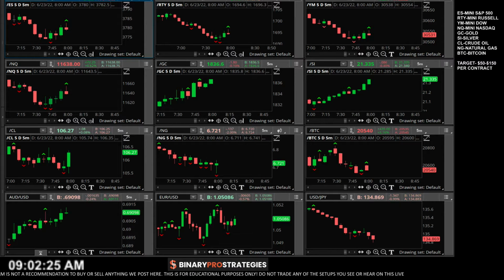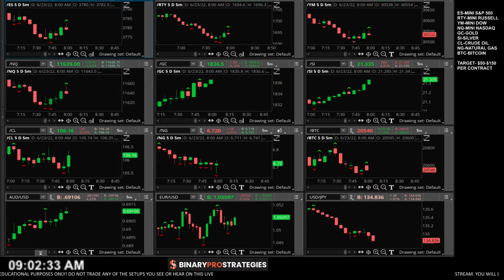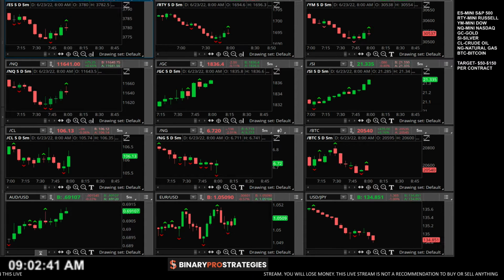So let's take a look and see what we have here. I don't see any initial setups. We're just giving it a minute to see what sets up. Nothing on the currencies. I don't see anything on the indices.